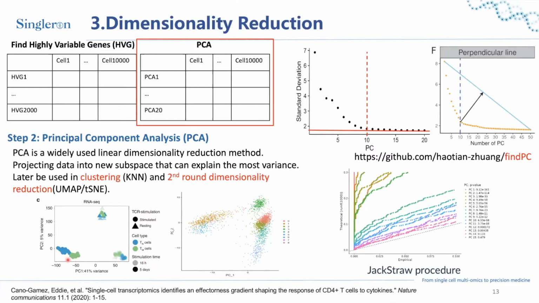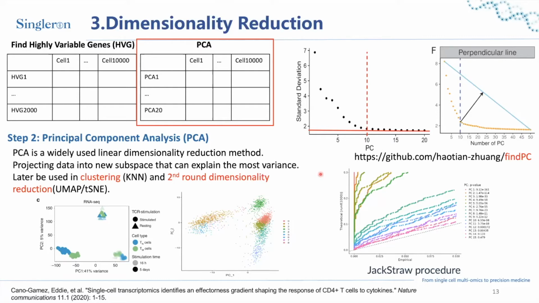It's good enough. However, in single cell RNA sequencing, we can see that some of the clusters are very close to each other, and not well embedded into the 2D space of the PCA. Therefore, we need to use more PCs for the second round of dimensionality reduction, like UMAP and t-SNE.